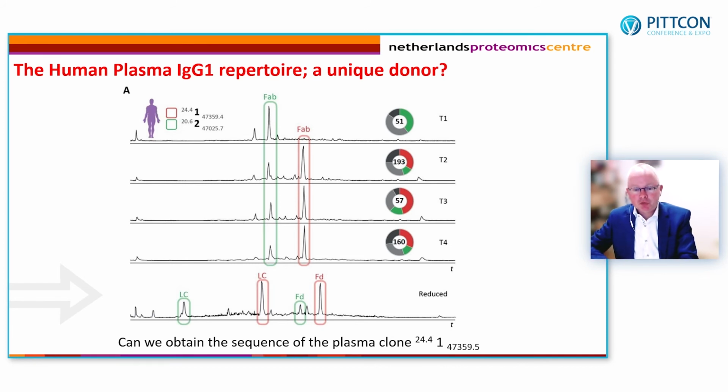We also reduced the sample, and then the Fab molecule is broken in 2 chains, the light chain and the Fd part. And you see that this reduction works quite well. We get 2 new peaks, and we get also 2 new peaks for the green Fab. But that one we were not so interested in, because that was already present before the sepsis episode.